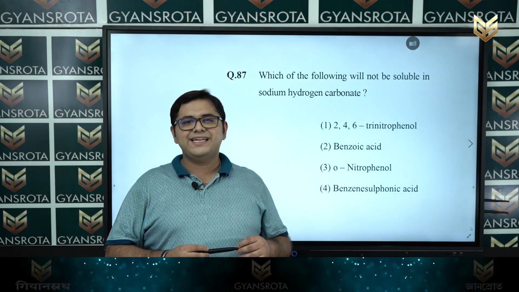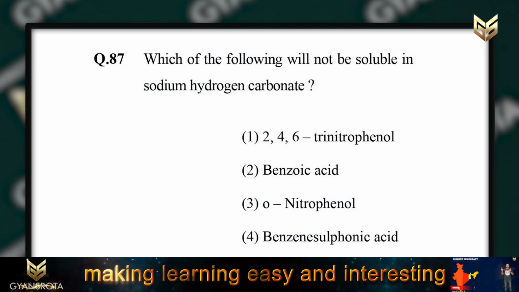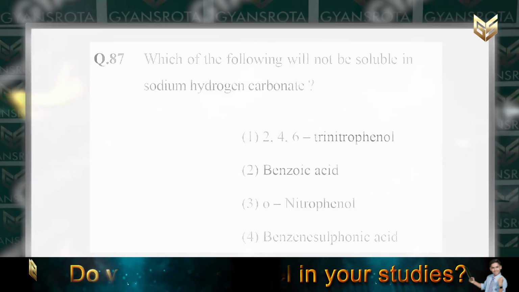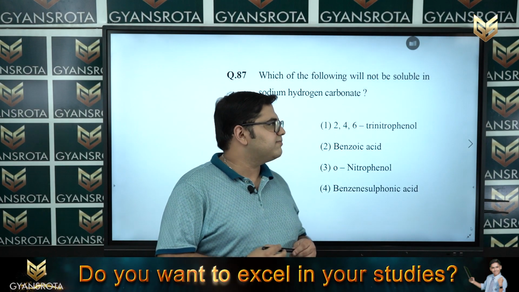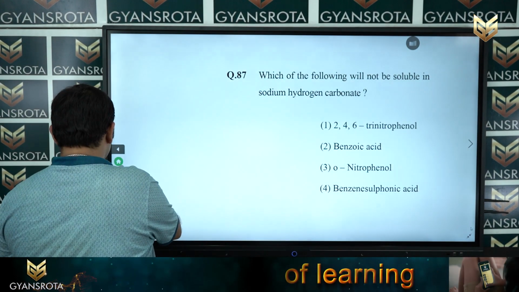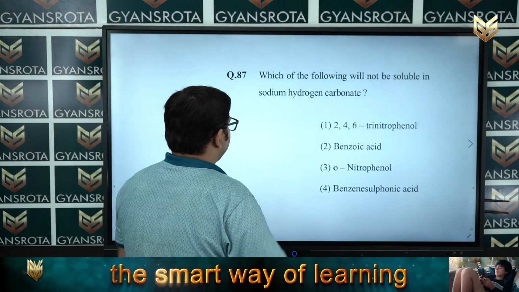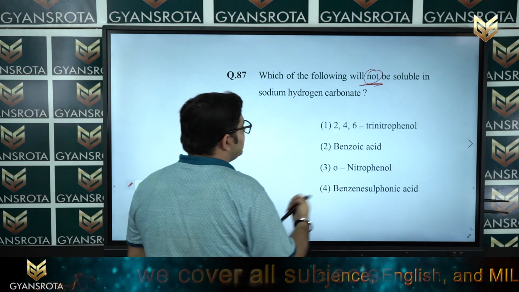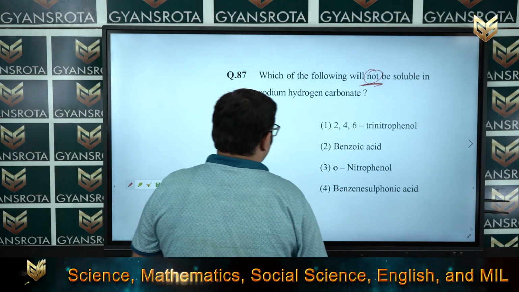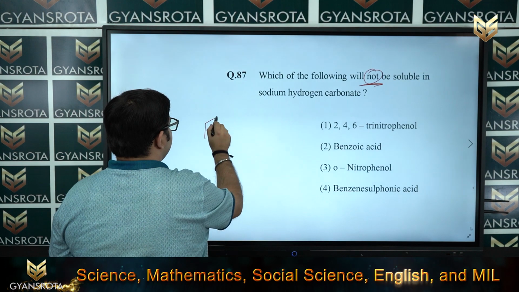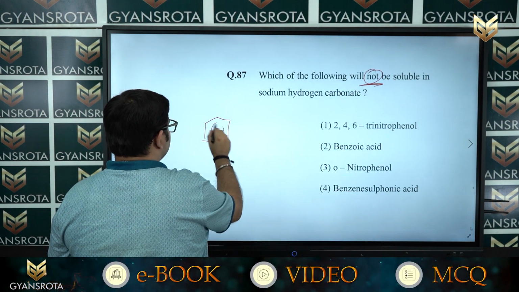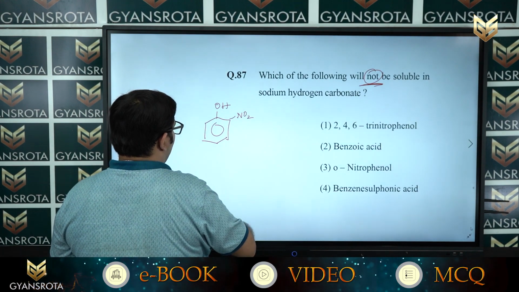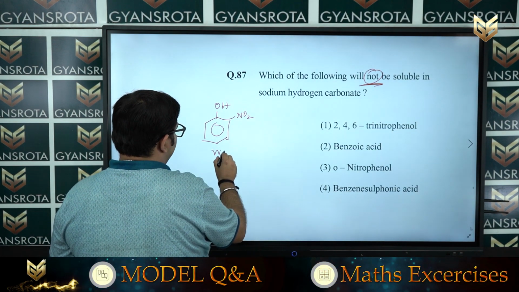Question number 87 is on your screen. Which of the following will not be soluble in sodium hydrogen carbonate? Now we are moving to the solution part. They ask which is not soluble, so mark the word not. Now, this is orthonitrophenol. Orthonitrophenol is a weak acid.